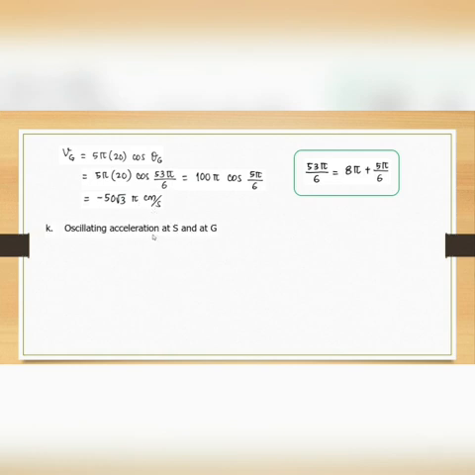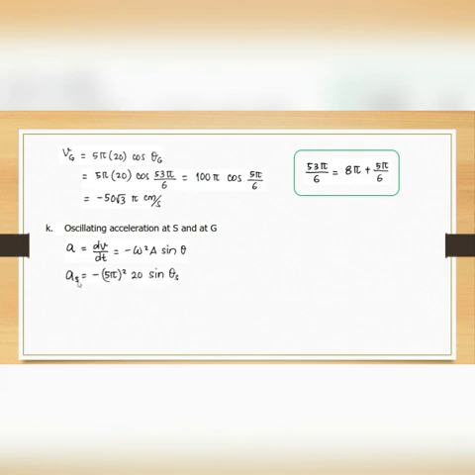And to find the oscillating acceleration at S and at G, we know that the oscillating acceleration is dv over dt. So it will be equal to minus omega squared A times the sine of theta.